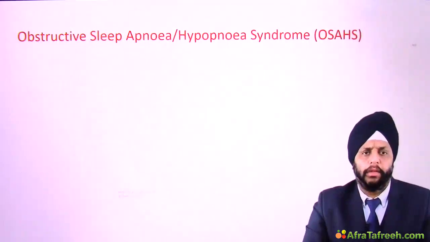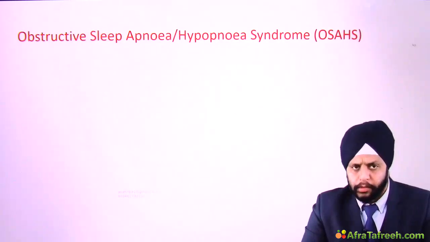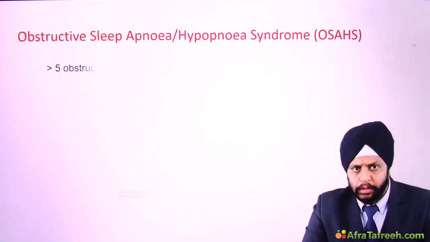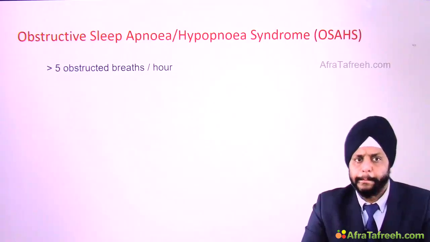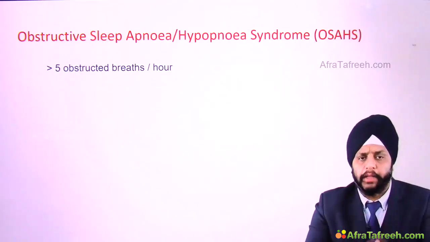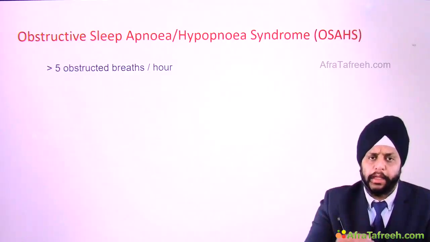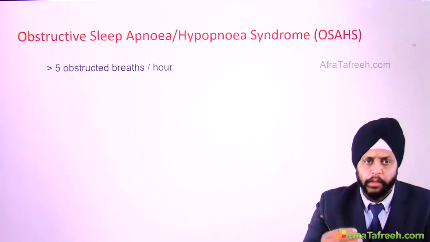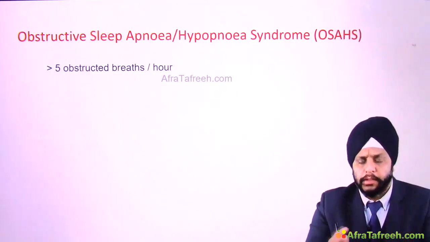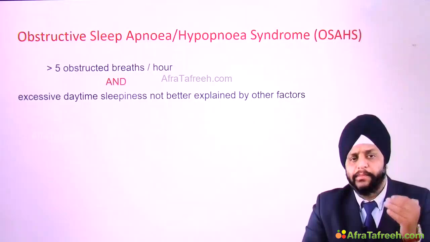Okay, now let's come to obstructive sleep apnea hypopnea syndrome. As I told you, the main cause is obstruction. Now, what do you mean by it? There are more than 5 obstructive breaths per hour. Okay, that only we'll call obstructive sleep apnea hypopnea syndrome. So remember, less than 5 AHI was considered normal. Then the patient has excessive daytime sleepiness.